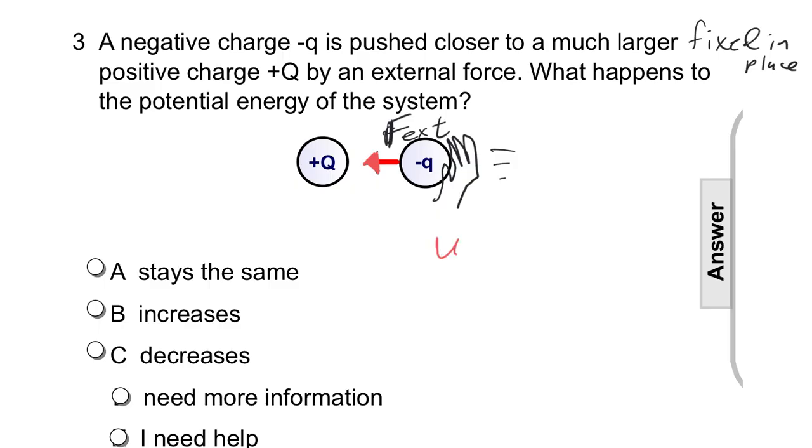So when you get unlike charges and they're coming closer, the electrical potential energy is decreasing and the kinetic energy would be increasing. In this case, I'm not really doing any work.